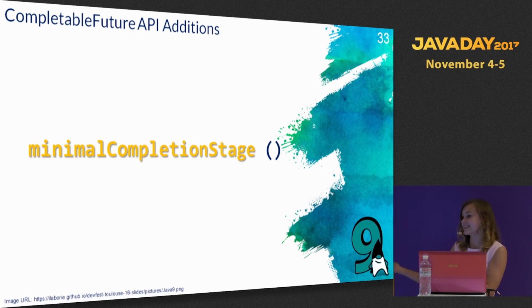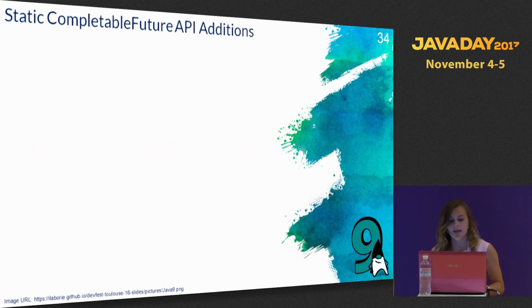CompletionStage, yes. Basically, it just cuts off the functionality that the client can use, and cuts it off really significantly. But we can always convert it back to CompletableFuture, so we can give the client more control. And that's all the non-static methods added to this API in Java 9.